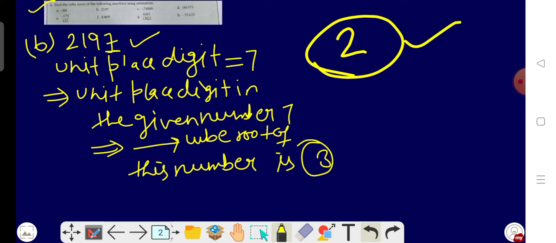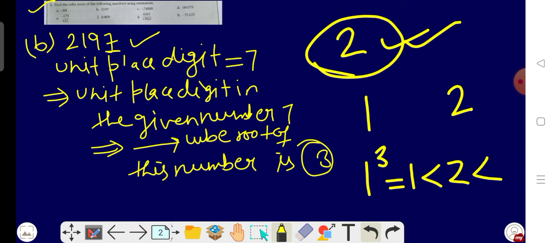Now find two numbers such that 2 lies between their cubes: 1 and 2, because the cube of 1 is equal to 1, which is less than 2, and the cube of 2 is 8, which is greater than 2. So 2 lies between the cubes of 1 and 2.